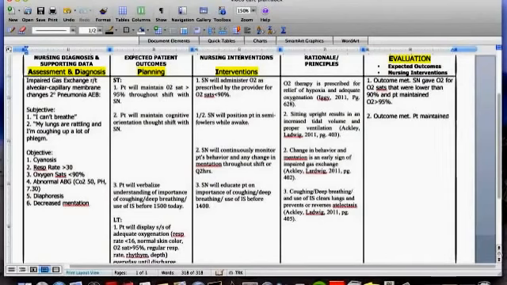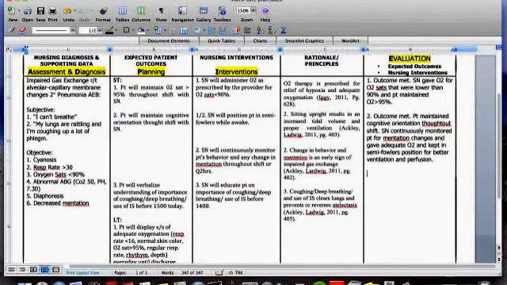Patient maintained cognitive orientation throughout shift, because the student nurse continuously monitored patient for mentation changes and gave adequate O2, and kept in semi-Fowler's position for better ventilation and perfusion.